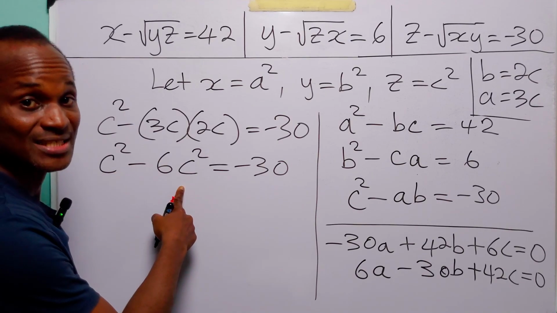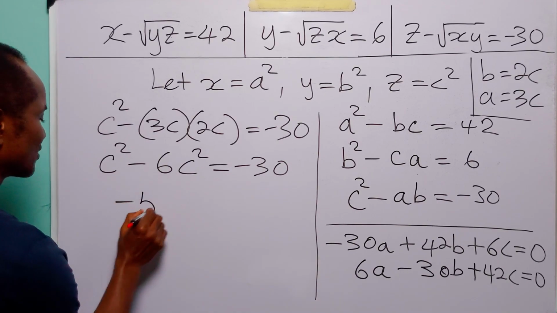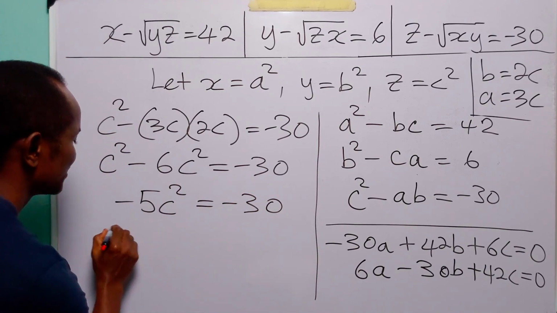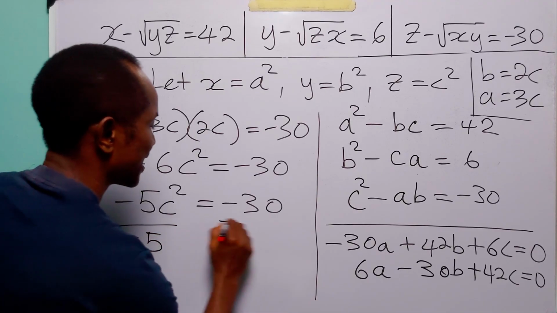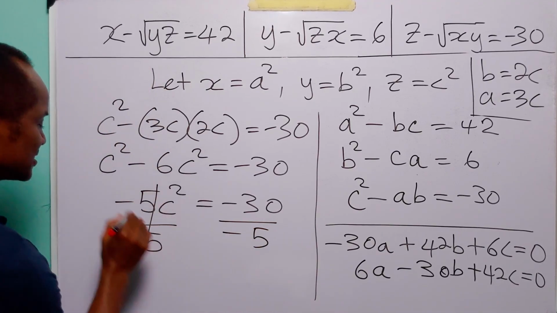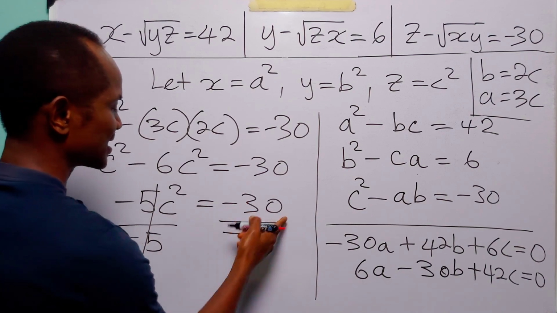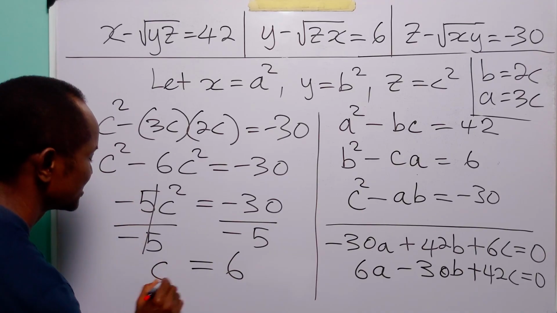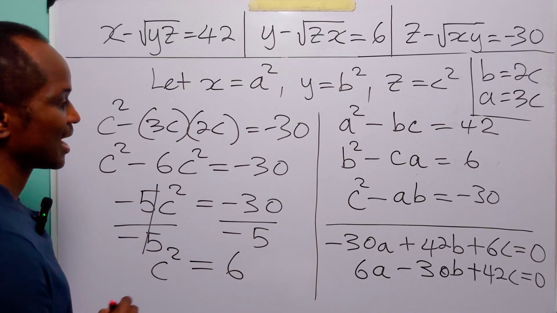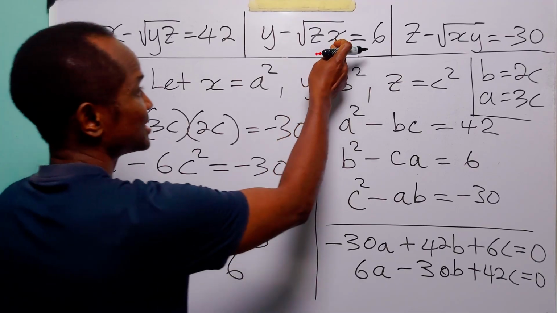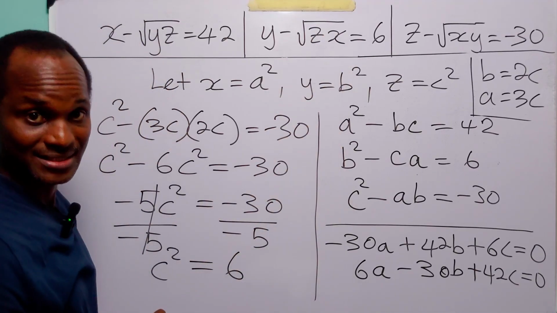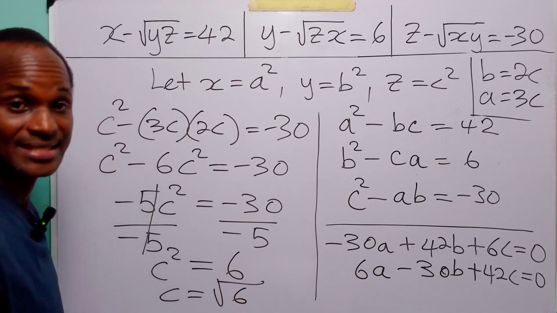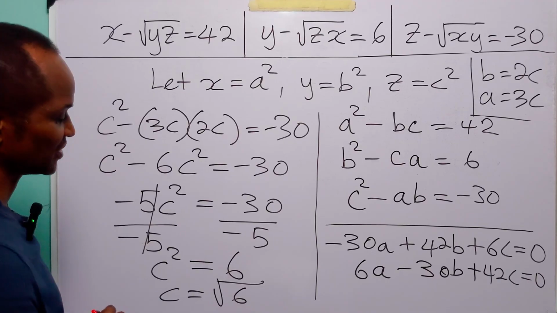C squared minus 6C squared is equal to minus 5C squared, and this is equal to minus 30. If we divide both sides of this equation by minus 5, this is going to take care of that, and minus 30 over minus 5 is equal to plus 6. So we have that C squared is equal to plus 6. And of course, since we are looking for the positive real values of x, y, and z, from here we have that C is equal to the square root of 6, the positive square root of 6.